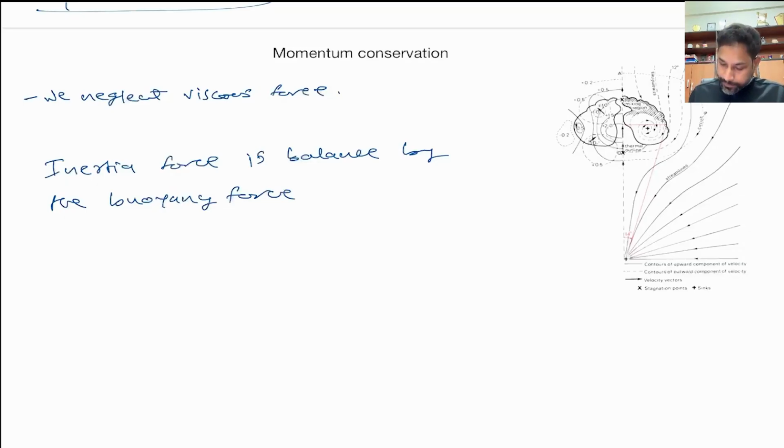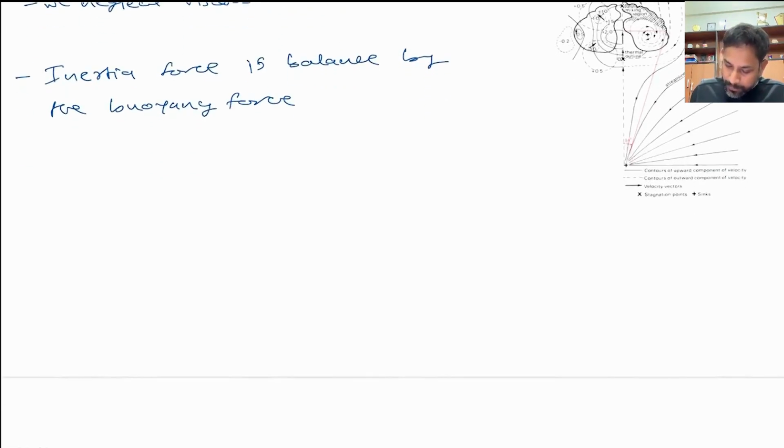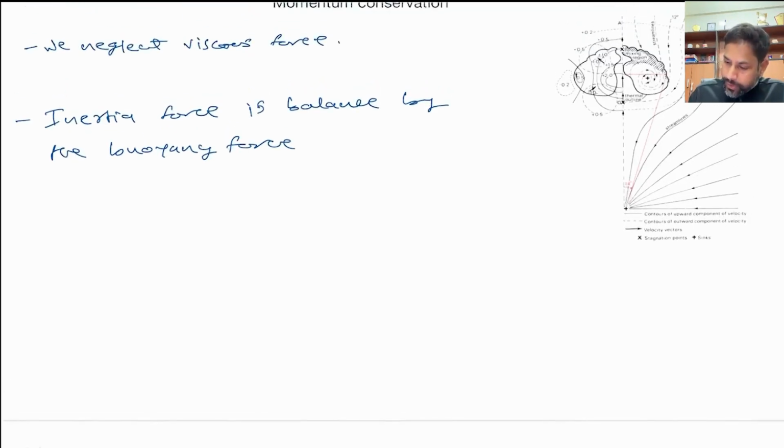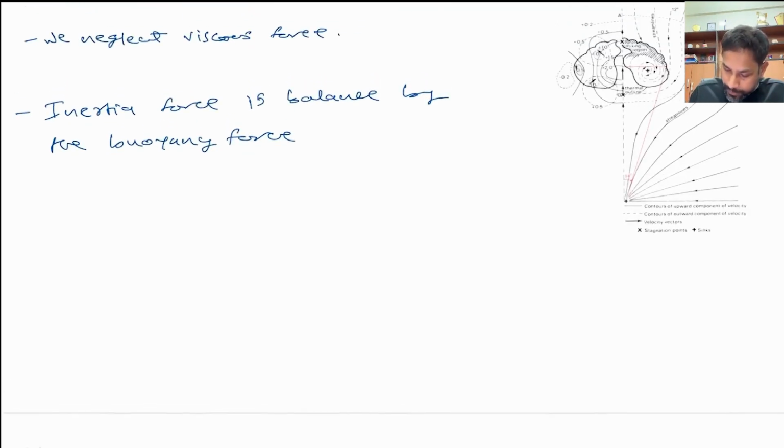Okay, so as we keep defining this balance, rate of change of momentum must be equal to the total force exerted. So this will be Fb minus Fg.